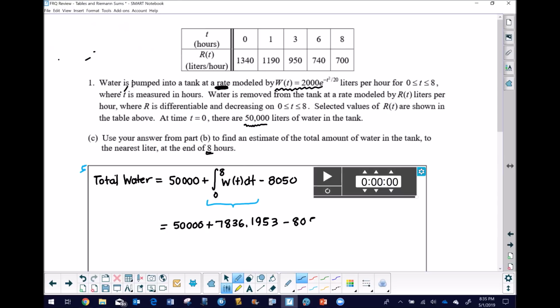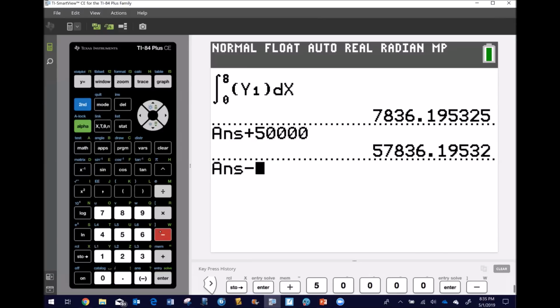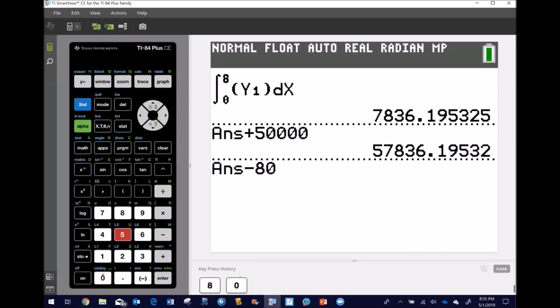And then, again, I'm going to curtail having to actually type this in the calculator, and I'm also going to tell you that you do not have to rewrite this. The only reason why I rewrote that is I wanted you to all see how this is coming together. Typically, what you would want to do on this problem is just return to your graphing calculator and say, oh hey, I need to add that answer to 50,000, watch your decimal place or your number of digits, and then, oops, I've got to subtract that water that just got drained out of the tank.